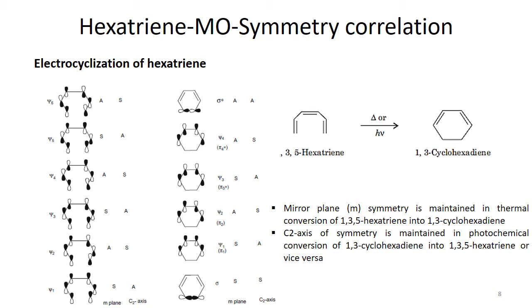In both cases these are always opposite to each other. In psi1 we have a mirror plane but we don't have a C2 axis, so with respect to the mirror plane it is symmetric, but with respect to the C2 axis it is asymmetric. All these orbitals can be categorized according to these symmetry operations, and we have a list of these designations along with the psi functions, or molecular orbitals, of hexatriene.